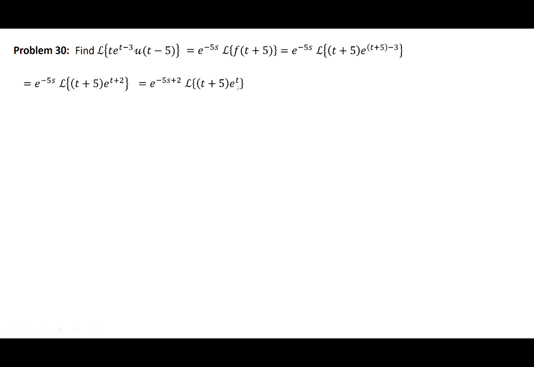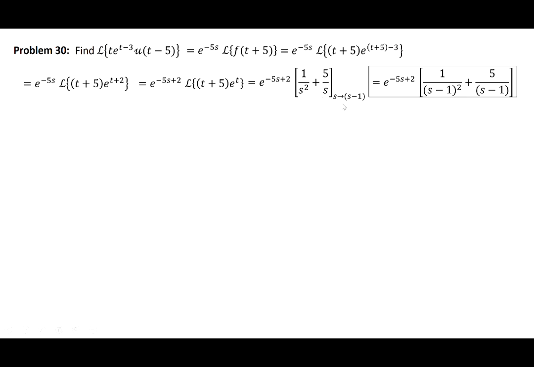A is what? E to the at. Yep, you got it. A is 1. So we'll say that Laplace of t plus 5 is this to which a shift has been applied, s shifted by s minus 1. In the next step, we'll replace the s with s minus 1. We're done.